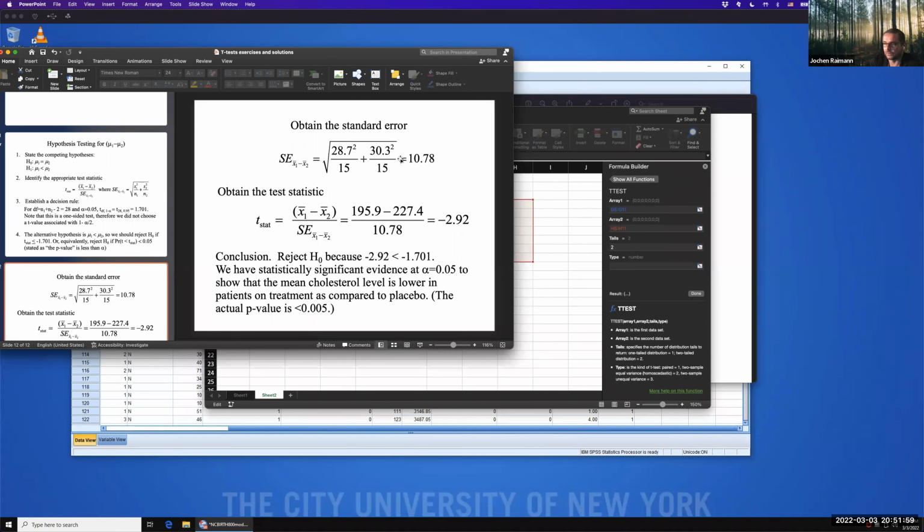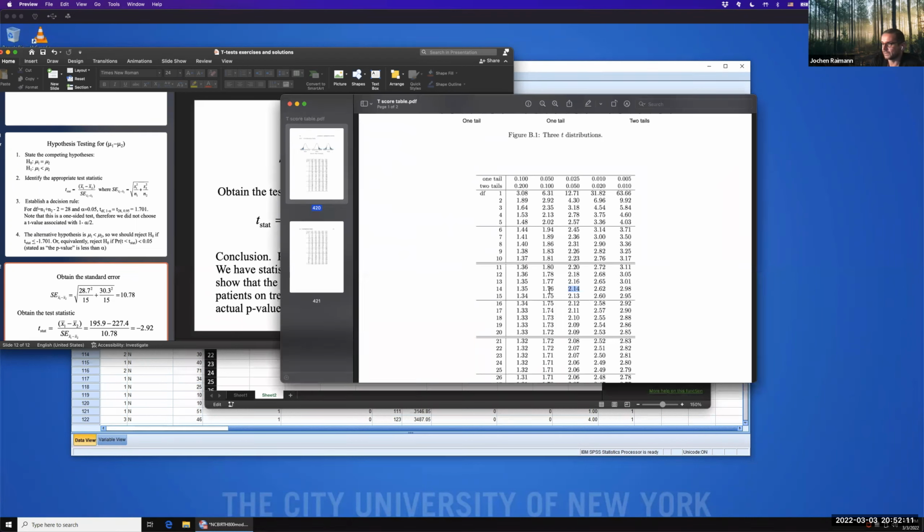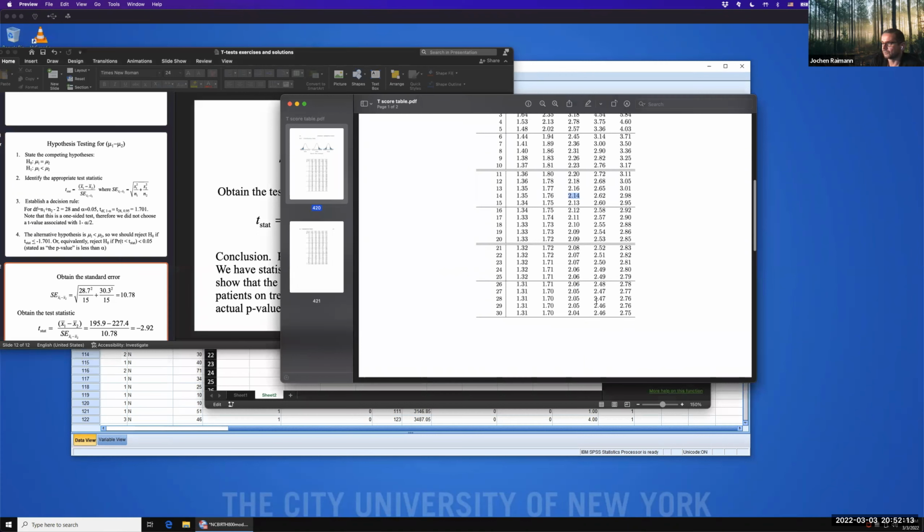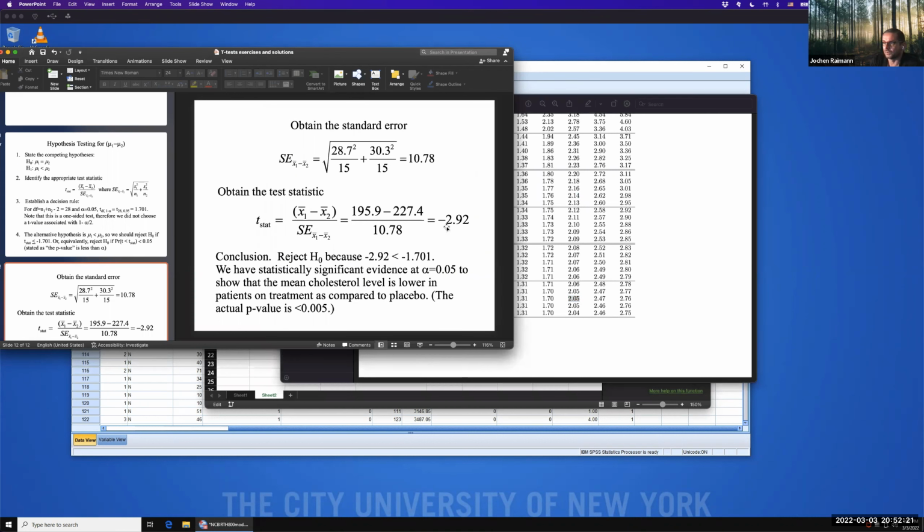This pooled standard error of both samples gives you a t-score for this example of minus 2.92, which you know is exceeding, with a sample size of 28 and a 2-tailed hypothesis, the critical value of 2.05. It is clearly exceeded by minus 2.92. So this is how you would approach this.